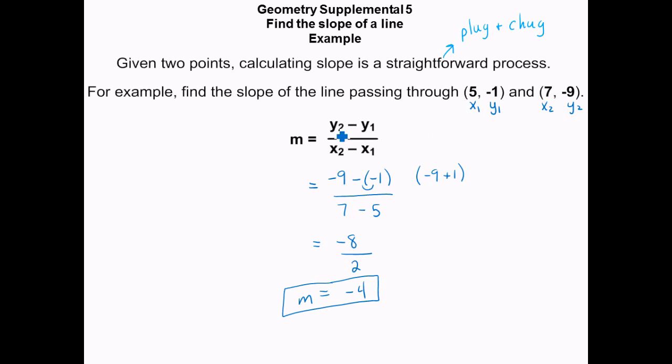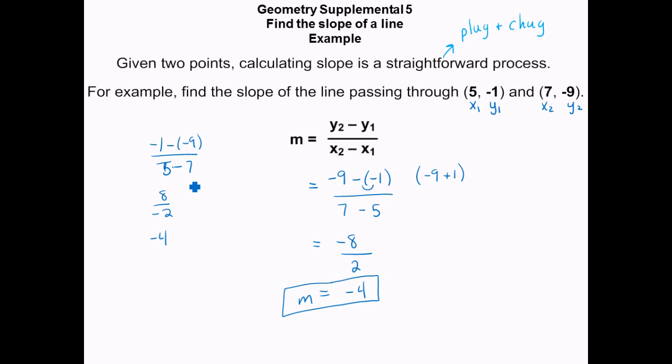If I did it the other way, I would have had negative 1 minus negative 9 over 5 minus 7, which would have given me 8 over negative 2, which is negative 4. So it doesn't matter which point is which, just that they're both 1s or both 2s.